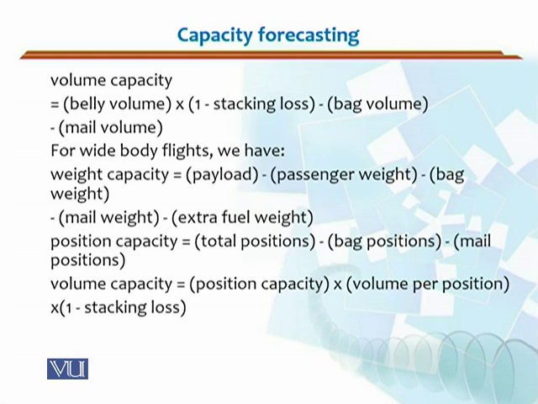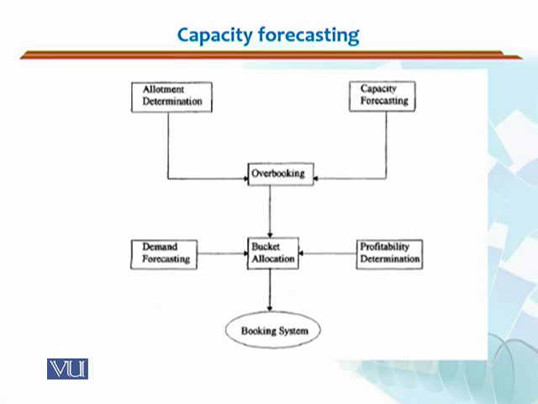Because the volume and the position matter for such wide body planes. Their belly is not small, it's wider, so there is more capacity in it. That is why the volume capacity formula for wide body flights is different from the volume capacity for an ordinary plane.